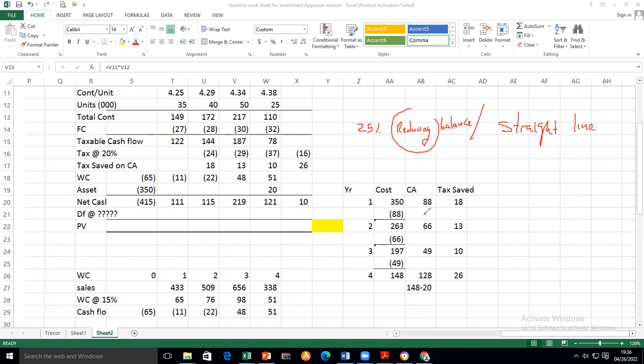So when the taxman comes, here's what they will do. They'll look at first year. This was your expenditure. So they'll calculate 25% of that. Please, can you take our calculators and let's calculate 350 multiplied by 25%.